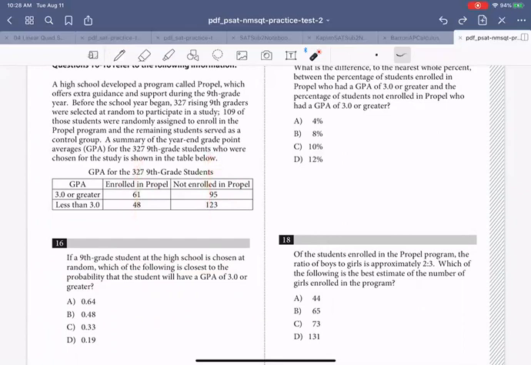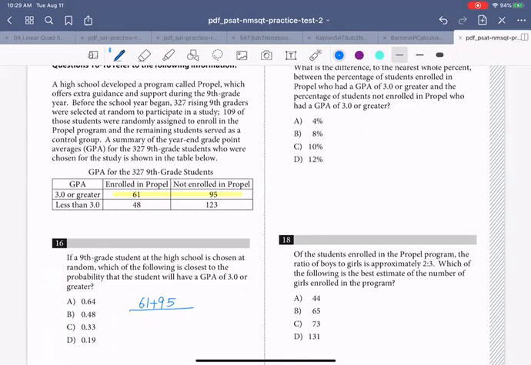Yes. They only say have a GPA of 3.0 or greater. That means you are looking for this whole row, right? Yes. So you are talking about these two numbers together. So you want to use the total number of students with GPA higher than 3.0 over all the students.